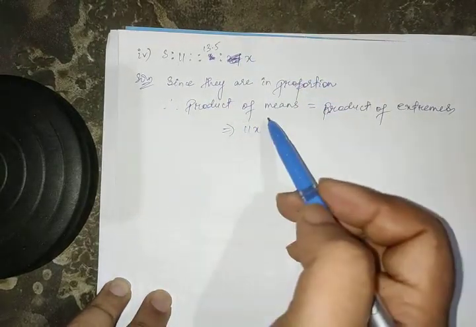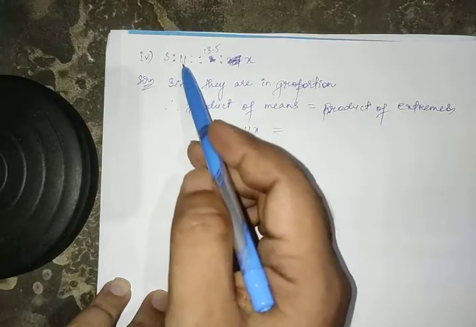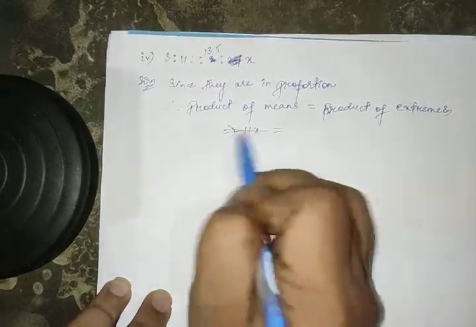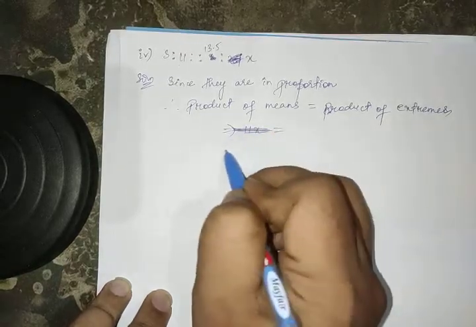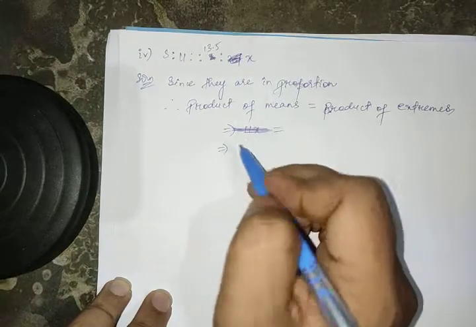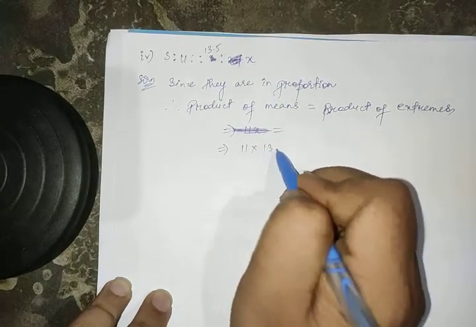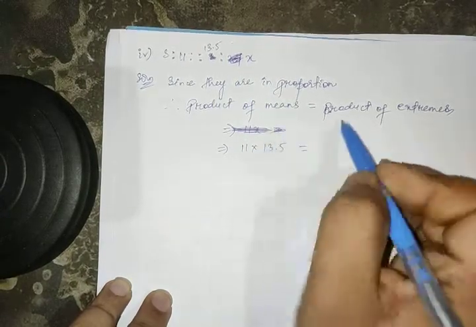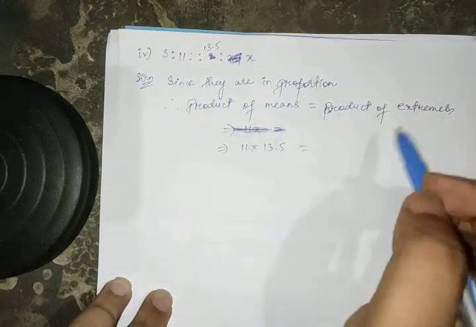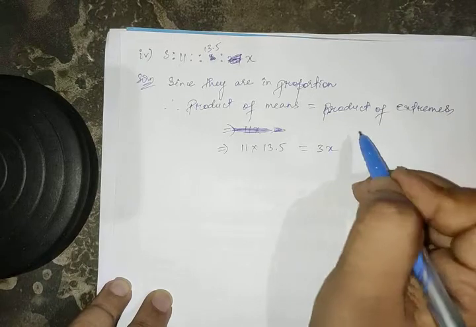So product of means, that means the middle terms. So it will be 11 into 13.5. You cut this and write product of means, the middle terms are 11 and 13.5. So it will be 11 into 13.5 equal to product of extremes. The extreme terms are 3 and x, so if you multiply we'll get 3x.